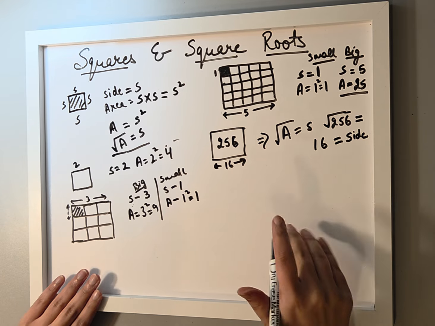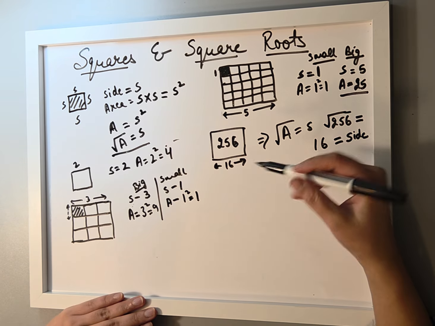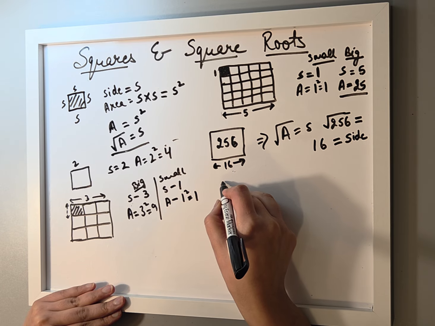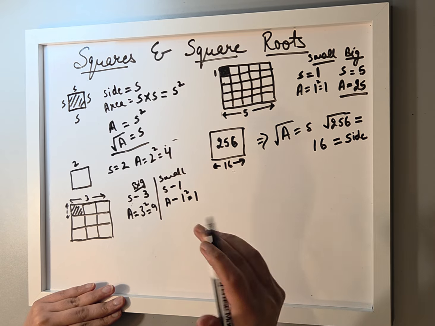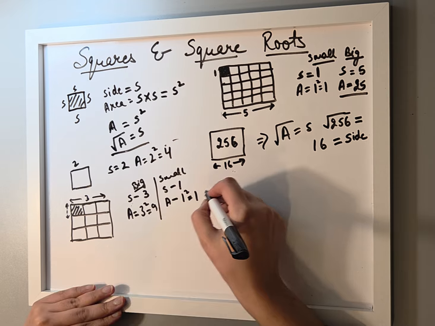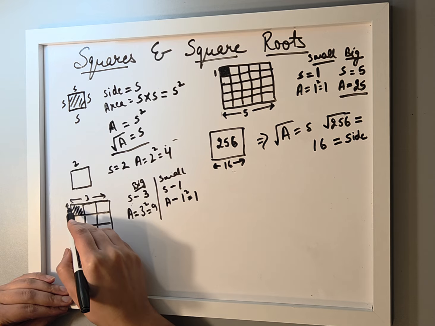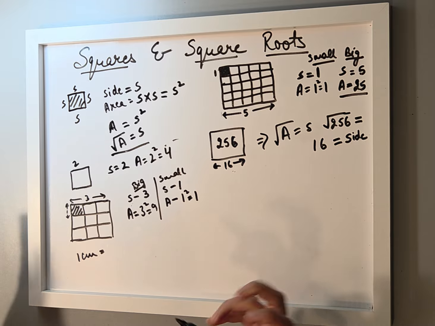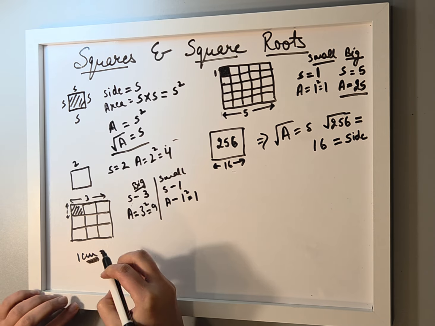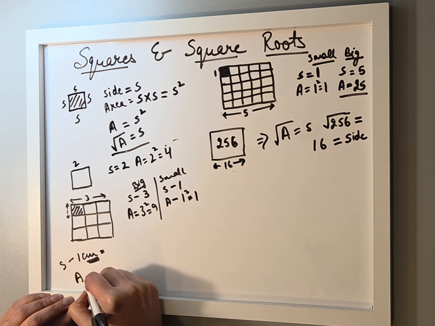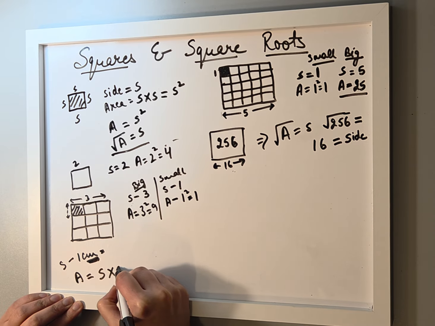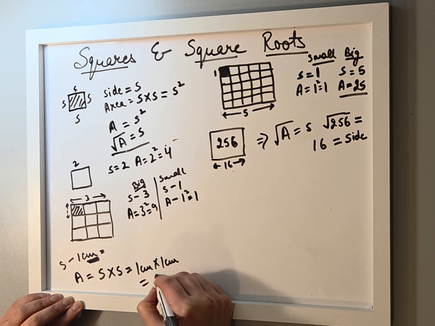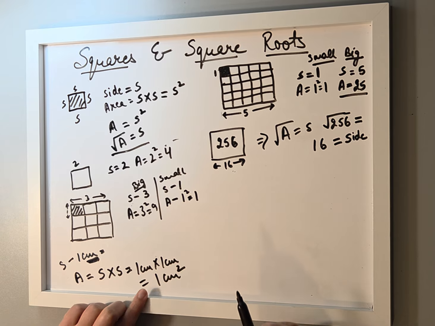We have to now learn another thing. This we just talked about in terms of numbers, but in real life, whenever we have any measurement, it will always come with some unit. So if there is a small square, the side will be 1 centimeter or 1 meter or anything. When we are calculating the area, because we are multiplying side with side, it will be 1 centimeter into 1 centimeter, so it becomes 1 centimeter square.